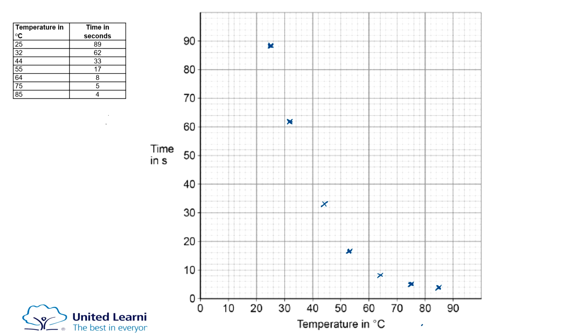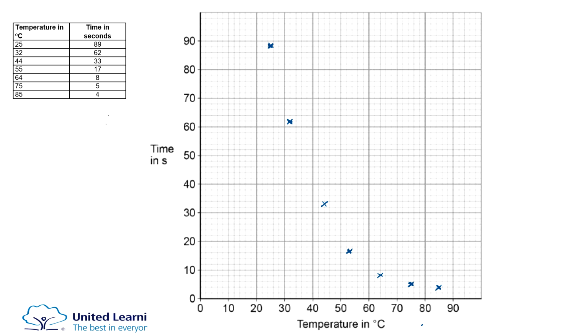In this results table, we have temperature in the first column, and we can see that temperature increases as you go down the column, from 25 degrees all the way up to 85. In the second column, we have the time in seconds, and that's how long it took for the reaction to complete at that temperature.